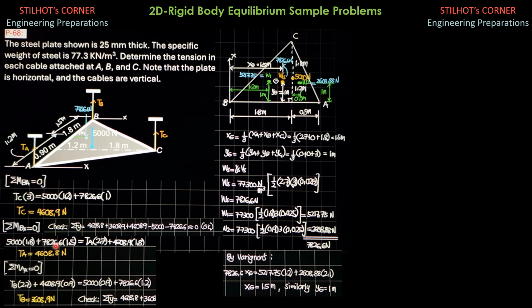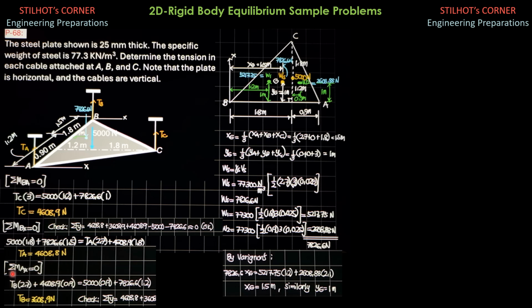So after the moments of the weights, 5,000 times 1.8 plus 7826.6 times 1.5, then equals tension at A times 2.7 plus tension at C, the distance is 1.8. So that's 1.8 equal to that. So solving for tension at A, it is 4608.8 newtons.